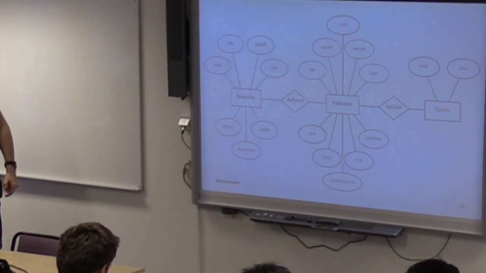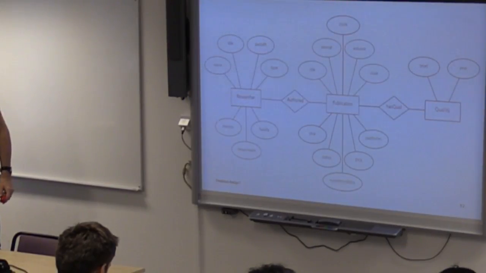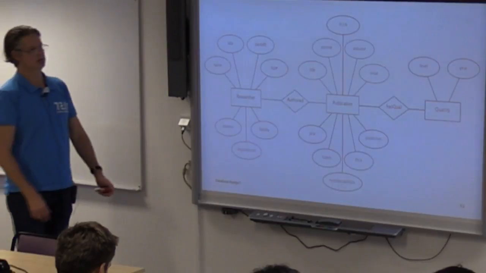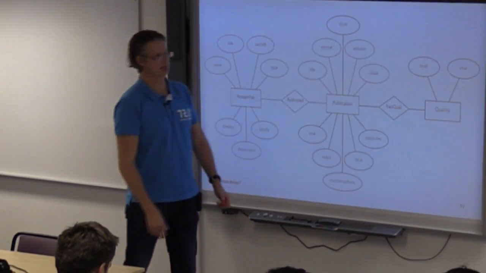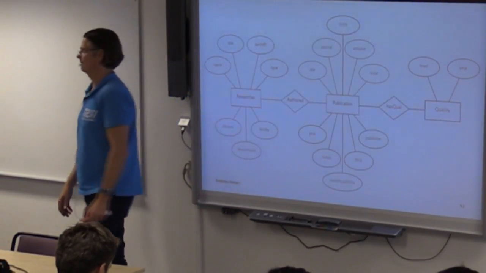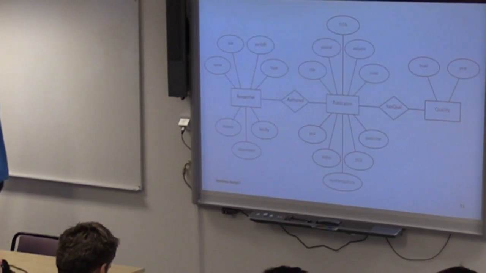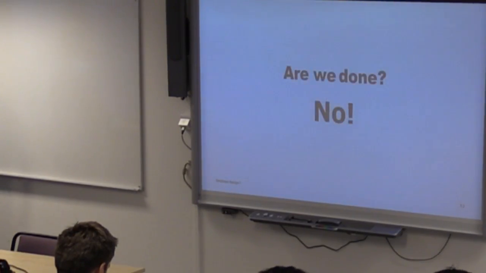So as for now, that is our solution. We put that quality thing as a quality entity, having those two attributes, level and year. So, are we done? No, we're not done.